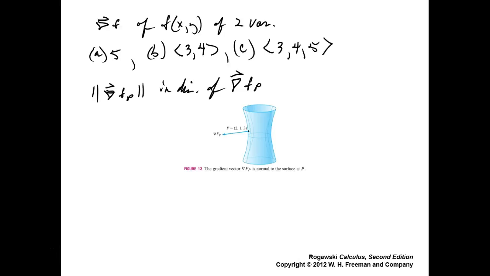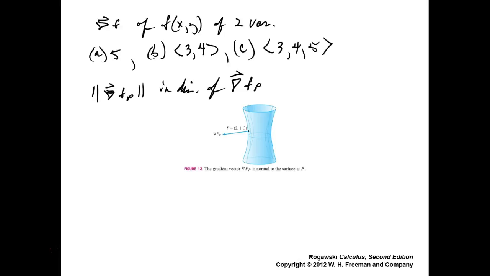Again, if you were to look up above, the basic geometric properties of that seventh bullet of the gradient, as long as it's not the zero vector, is that del f points in the direction of maximum rate of increase, and the maximum rate of increase is the magnitude of that, and that the minus of that would be pointing in the maximum rate of decrease, the opposite direction, and that del f at P is orthogonal to the level curve or surfaces at P. So there's actually three statements there.